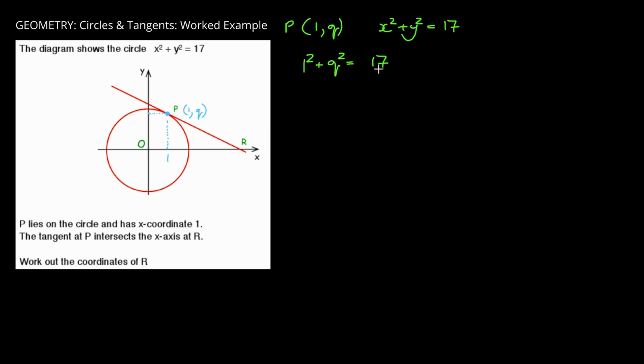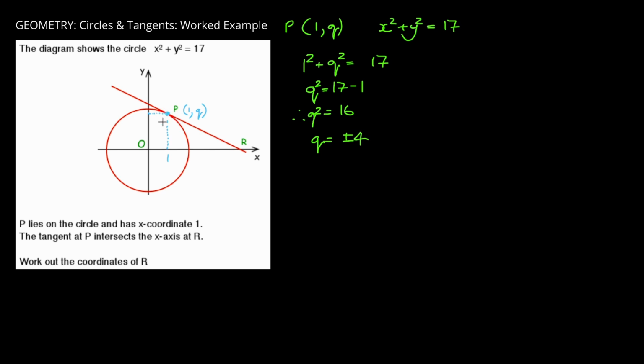We've got an equation here just in q, which we can solve. We need q squared on its own, so the 1 squared is going to shift sides and become negative, because we're going to subtract 1 from both sides. So q squared is equal to 17 minus 1, so q squared is equal to 16, and q is equal to plus or minus 4.